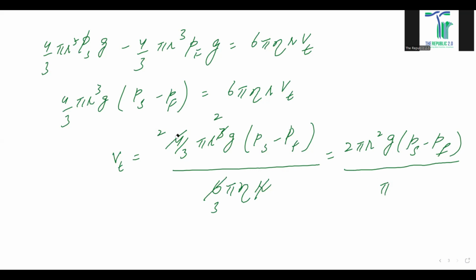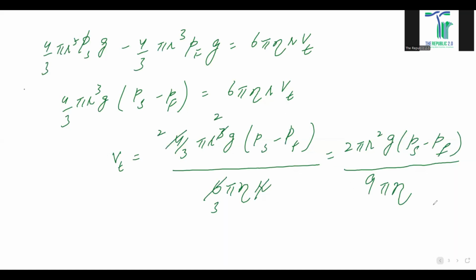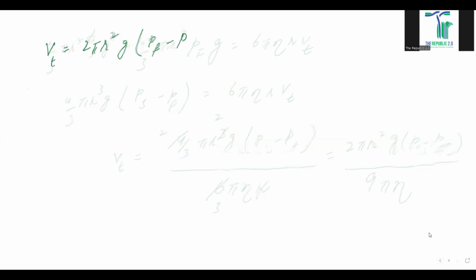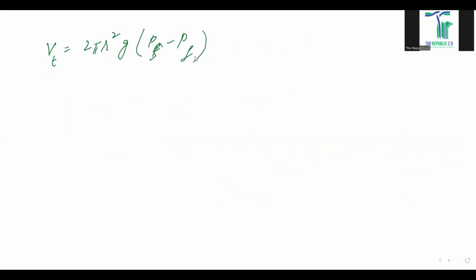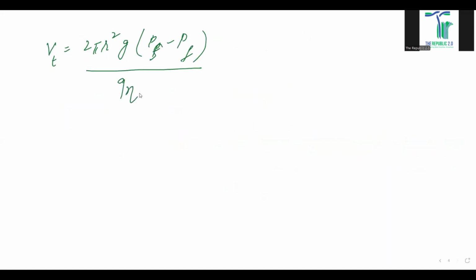So over here we would have 9 pi eta, and that is going to be the final expression for the terminal velocity. So the terminal velocity comes out to be 2 pi r squared g times (rho s minus rho f) divided by 9. Pi should also be cancelled out by pi, so I would just have 9 eta.